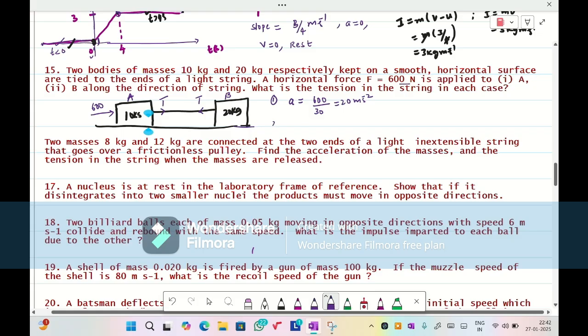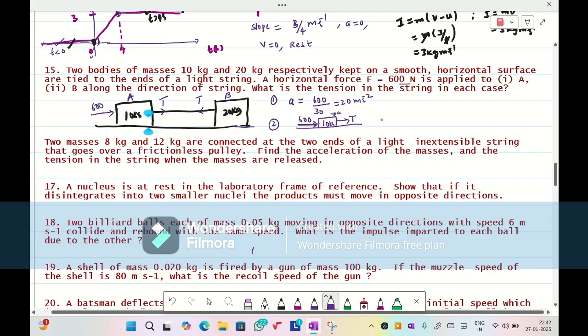Now take a single body, the free body diagram of 10 kg, because a force is acting on 10 kg. So there is a tension here and 600 Newton is applied, a horizontal force of 600 Newton along the direction of the string. Okay, this 600 is like this only, and it is moving like this with acceleration.